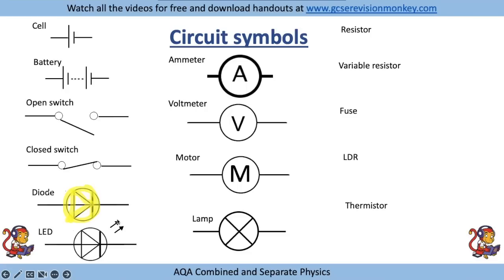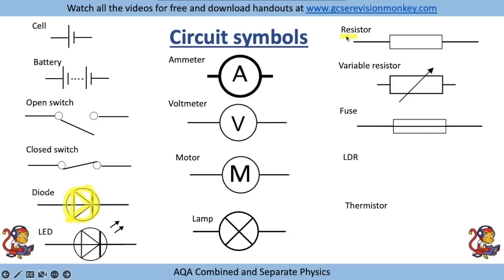You've got a lamp, and then the rectangles. The resistors are the ones with the rectangles. So a normal resistor is just a plain rectangle. A variable resistor has an arrow through it. A fuse is a resistor with a line going straight through it.